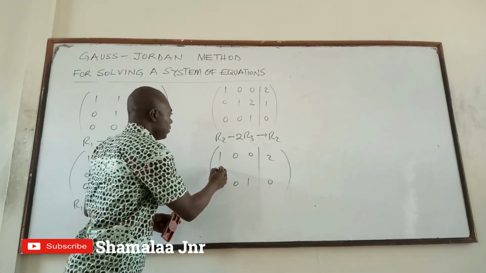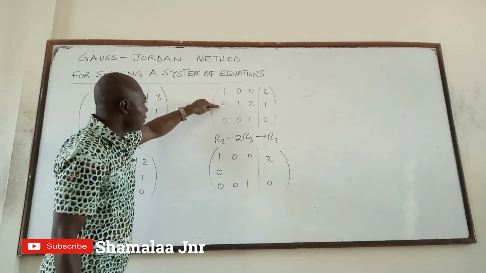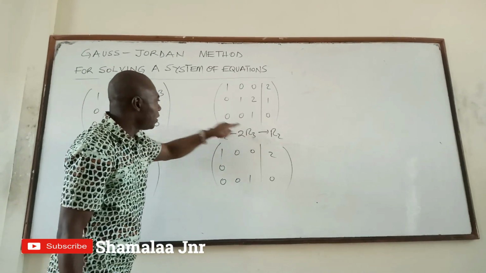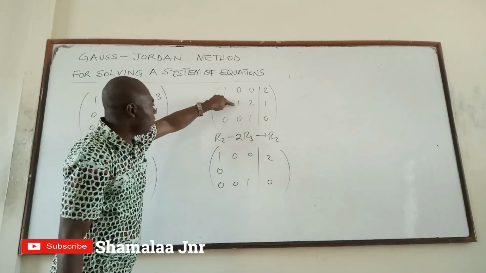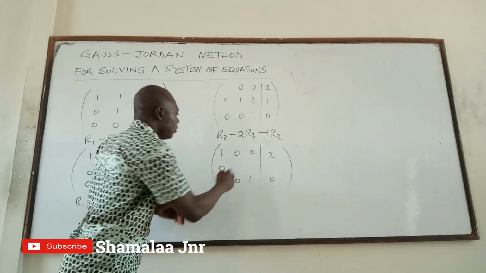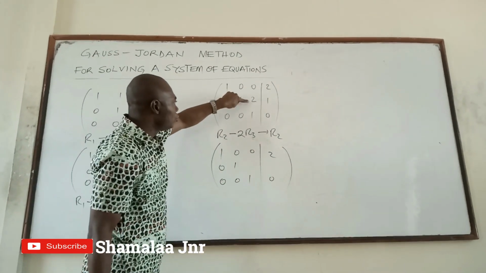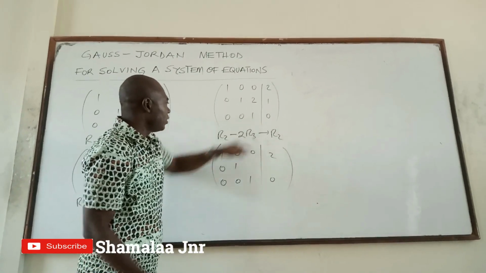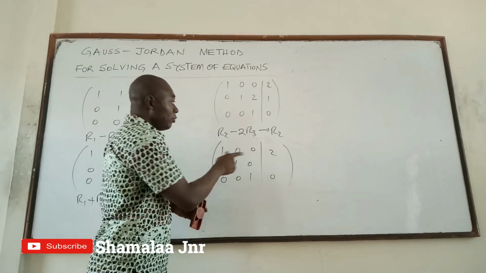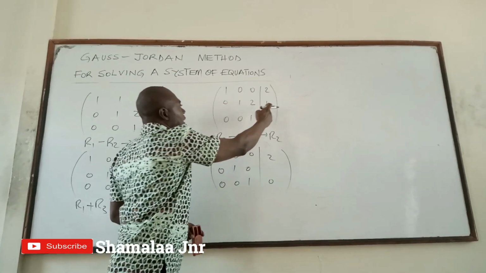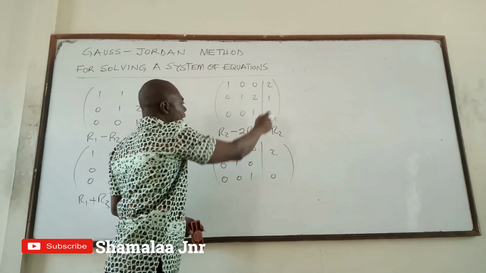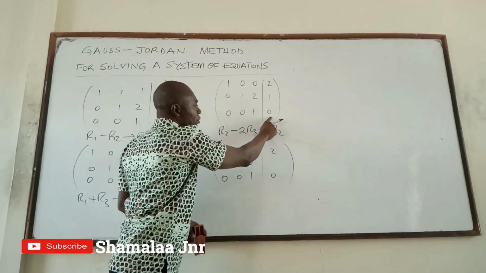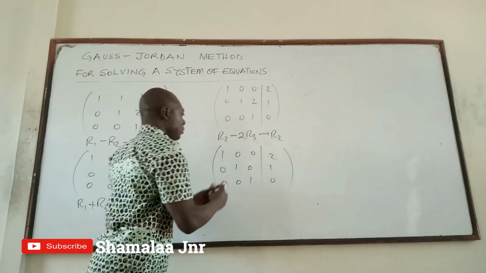This one will be 0, isn't it? Now 1 minus 2 times 0, this one will be 1. Then when you come here, 2 minus 2 times 1, this one will be 0. And then 1 minus 2 times 0, and this one will be 1.